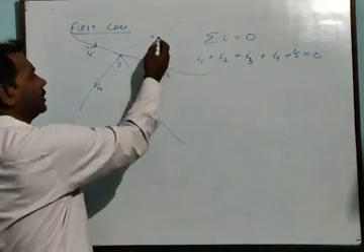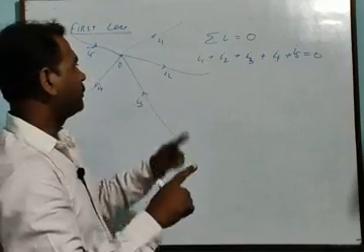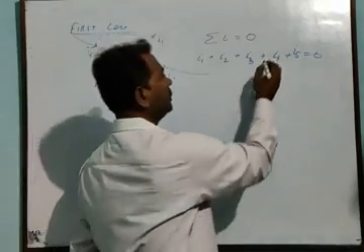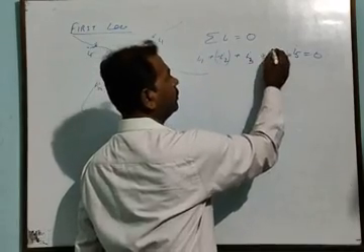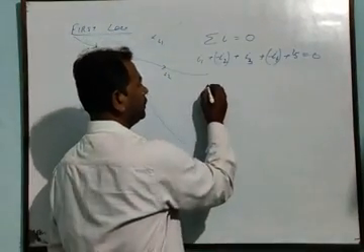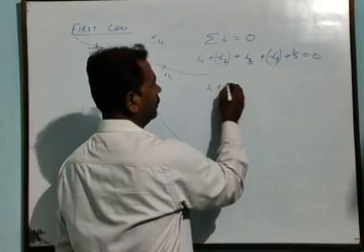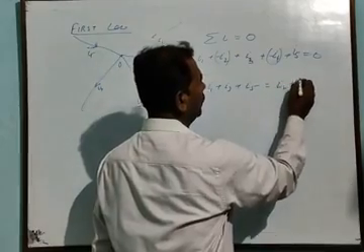So I1 is positive, I3 is positive, I5 will be positive because they are entering currents. I2 and I4 will be taken as negative. Why take negative? Because these are leaving currents. This means I1 plus I3 plus I5 is equal to I2 plus I4.